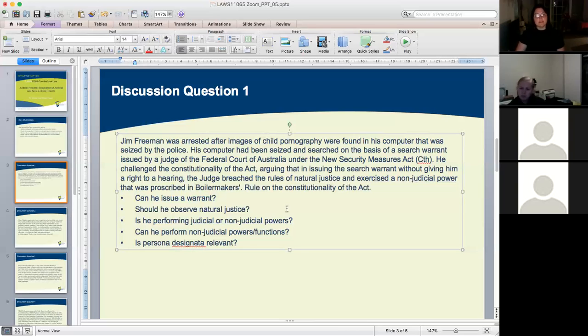So the question is, can he issue a warrant? Yep, fine, that's the question. But what is the legal issue that needs to be addressed? If you're able to identify that legal issue and identify the legal principles related to it, you can then quickly answer the factual question. In the same way, the legal issue is not, does he observe natural justice?